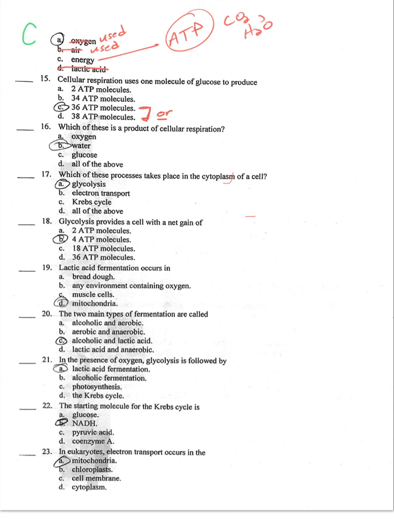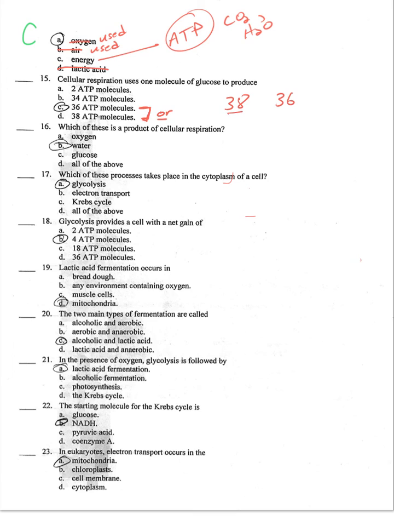If everything's working perfectly and you're getting the max energy out of that sugar molecule, you're going to get 38. So the answer would be 38. However, sometimes you produce a total of 36. And that has to do with where the electrons come in the electron transport chain.